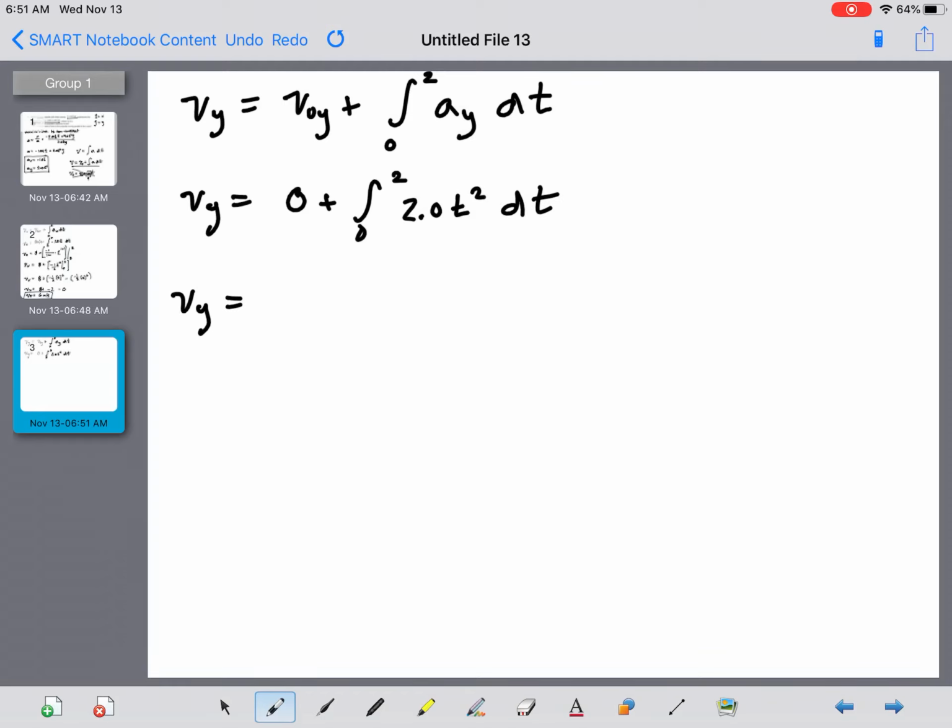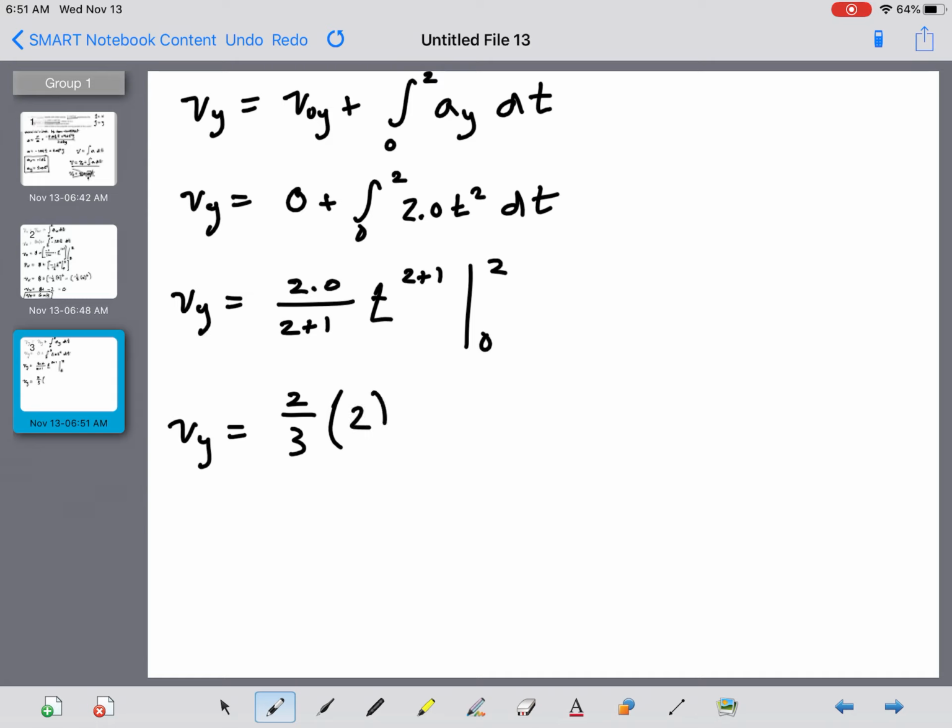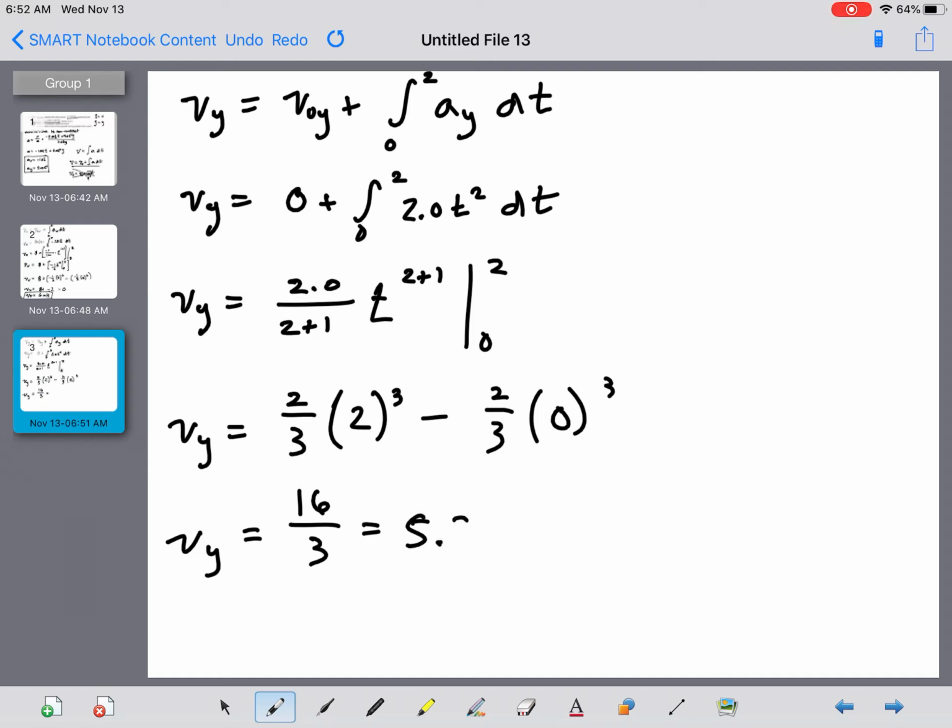So this becomes 2 divided by 2 plus 1, t to the 2 plus 1 from 0 to 2. So this becomes 2/3 times 2 cubed minus 2/3 times 0 cubed. So the velocity in the y is equal to 16/3, which is equal to 5.33 meters per second.